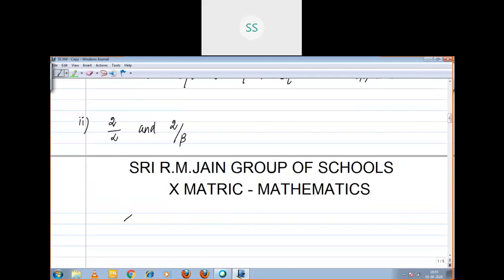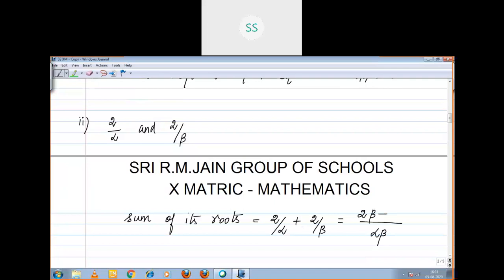The same question, right? Sum of its roots, what is the formula? Alpha plus beta. That is, alpha is nothing but 2 by alpha, beta is nothing but 2 by beta. That is given to you. Now, you are going to take the LCM alpha beta. In the first part, which is missing beta, so multiply your numerator by 2 beta.